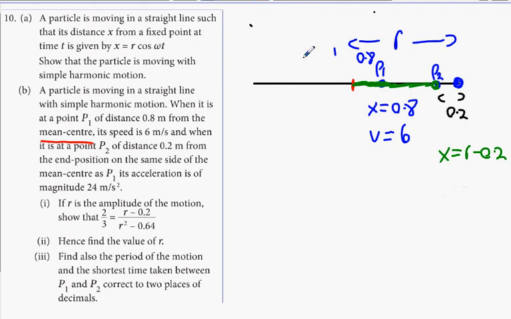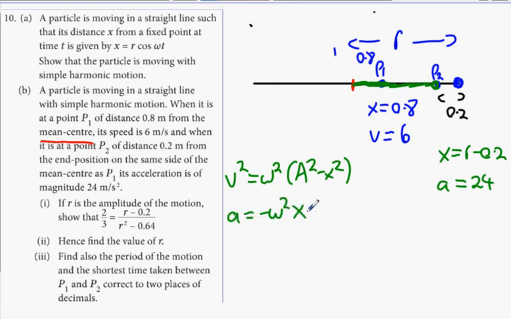When you assemble this information, the next part is all about choosing what formula to use. We write down a few of the generics. v squared equals omega squared times r squared minus x squared. We can also have, what's the acceleration one, guys? Anybody remember? Acceleration equals minus omega squared x. We can now use the two of these, and we want to prove this ratio here. So here's what we're going to do.